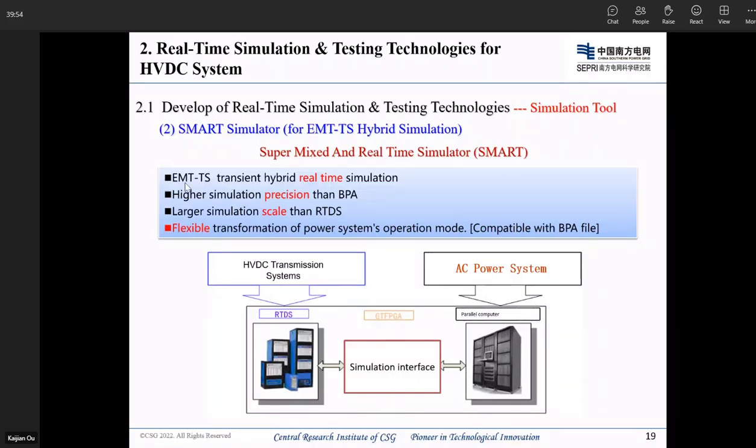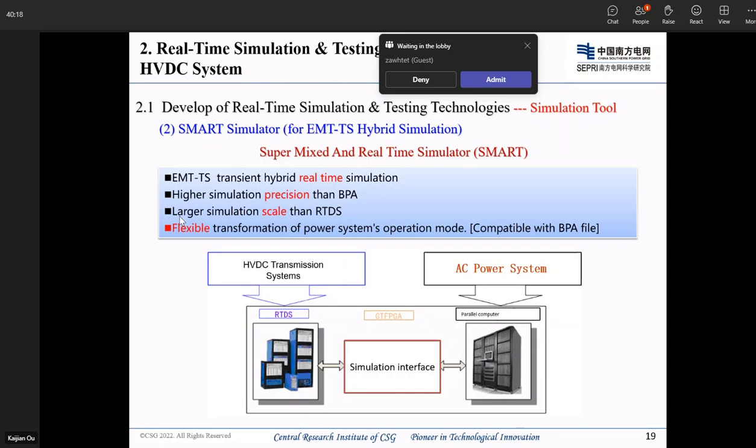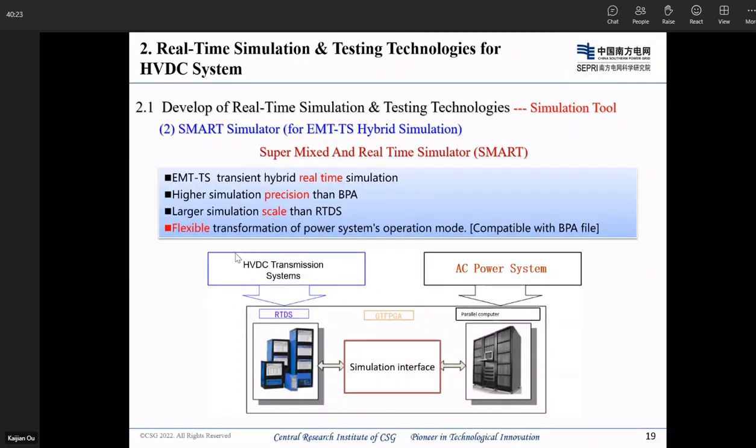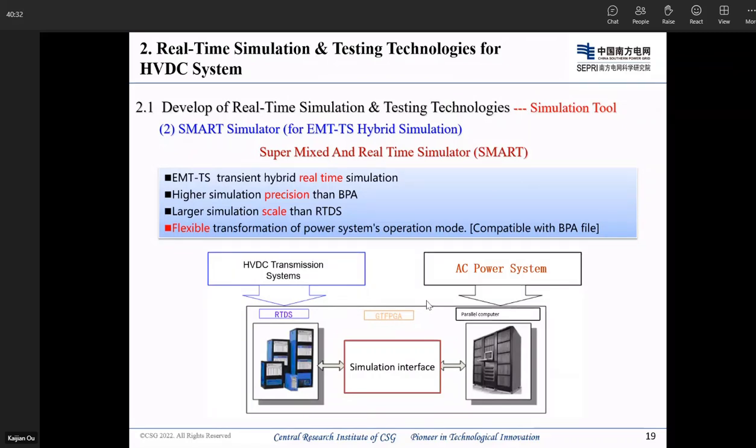So this is SMART, EMT and TS hybrid real-time simulation of the power system. With SMART, we have higher simulation precision than PPA, and the simulation scale is larger than RTDS, and we can also study the power system in a more complicated, more flexible way.